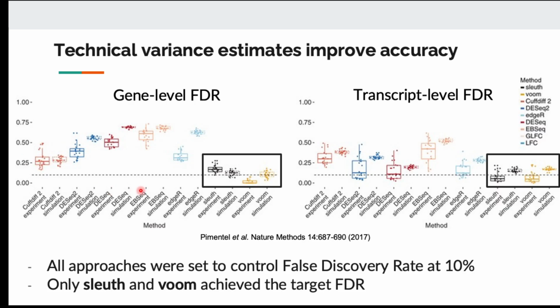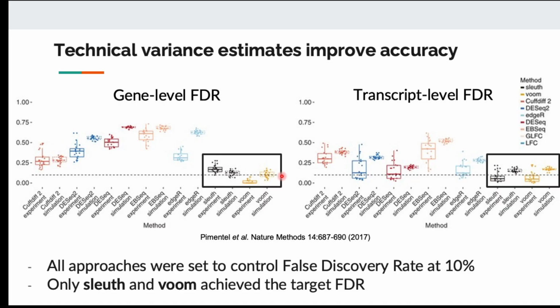So this paper shows that when you use other tools that have no idea about the bootstrap, no technical variance estimate, you want 10% false discovery rate, but you are getting 25%, 35%, 50%, 60% from the tools because they lack that bootstrapping information, both at the gene level and at the transcript level.